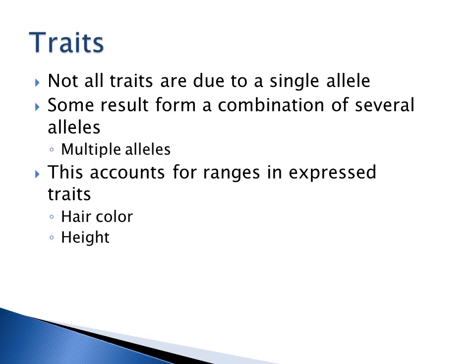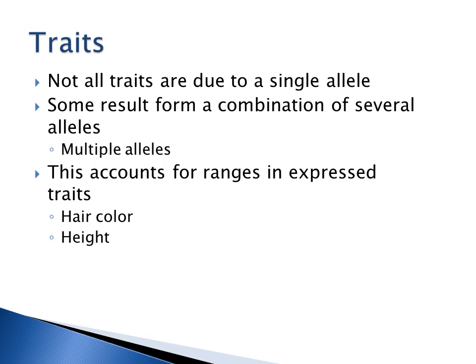Not all of our traits are due to a single allele. Some are the result of a combination of several alleles, and this accounts for the ranges in expressed traits. Depending on how many of those alleles are being expressed and their amounts of expression, you get variation in hair color and height.